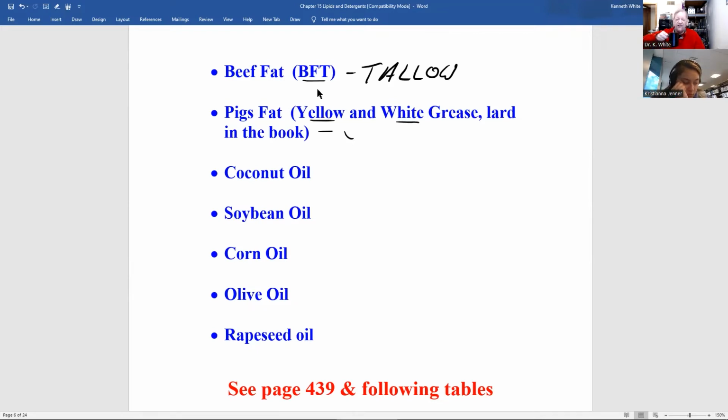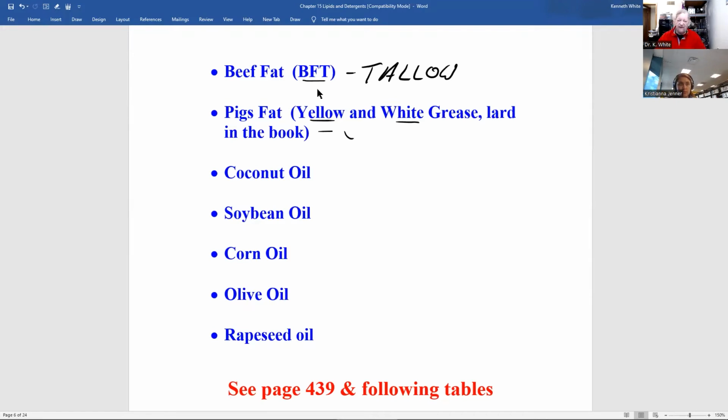And the pig's fat, even to this day, is about 2 to 3 cents, sometimes 4 cents cheaper per pound than tallow. Well, if you're buying 150 to 200 million pounds a year, a 3 cents a pound difference makes a lot of money. And so whenever we could, our buyer would get yellow or white grease.